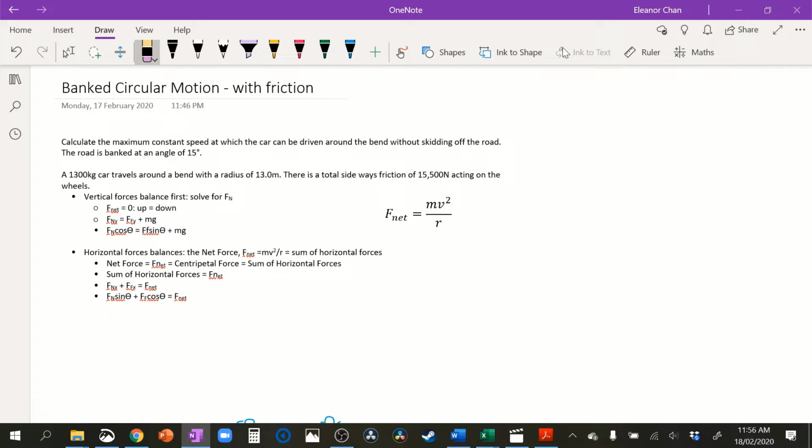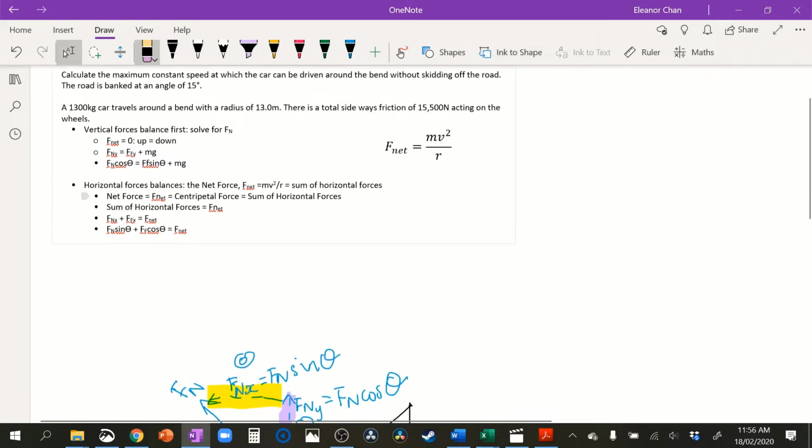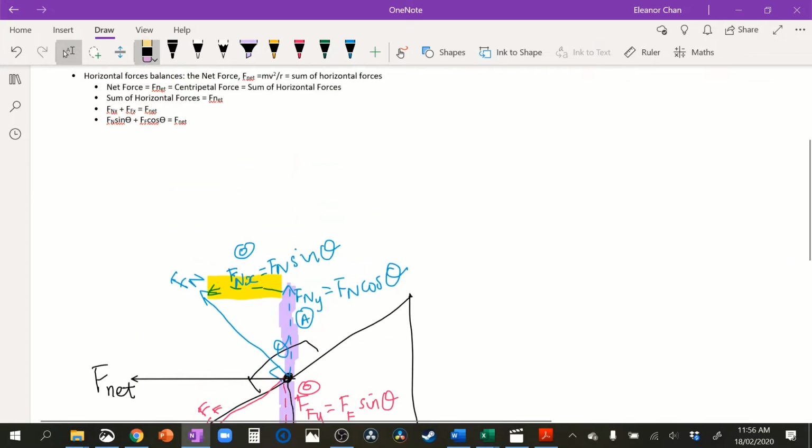I've put some information here about the vertical forces and the horizontal forces. Remember that the net force for centripetal motion is always the mass times the velocity squared, or speed squared, divided by the radius. So let's first draw our diagram and go from there.